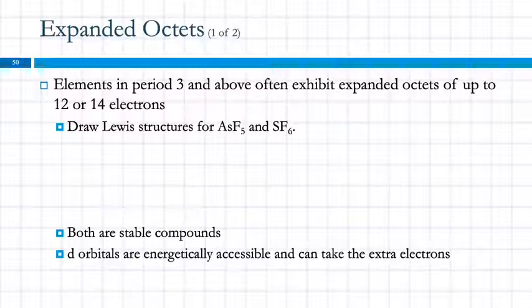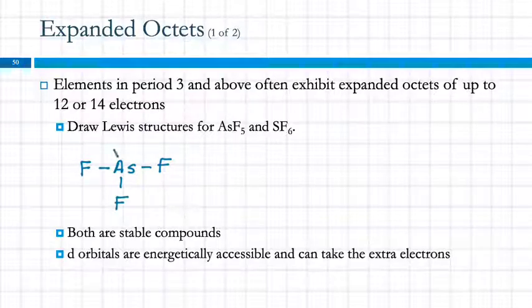So let's look at a couple of these. AsF5 and SF6. So these are going to have the odd guy in the middle. So here's arsenic in the middle, and I'm going to put 5 fluorines around this.